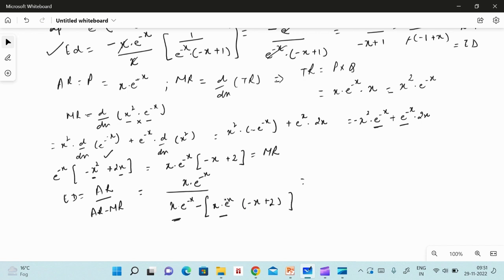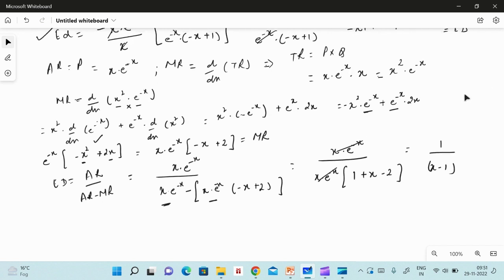So taking x into e power minus x as common, I will get x into e power minus x divided by x into e power minus x into 1 plus x minus 2. Okay, so I will cancel this, and ultimately I am left with 1 upon x minus 1.